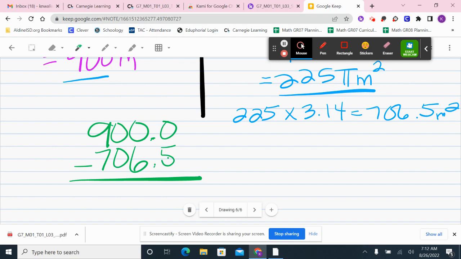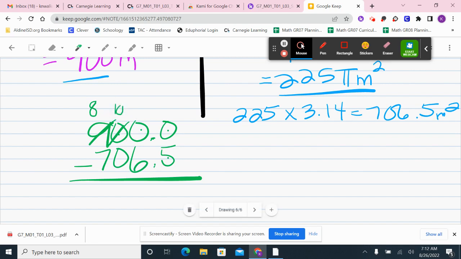Now we have to subtract. Now the subtraction I am going to show you, because I know sometimes it can be a little confusing. So we've got 0 minus 5. We can't do that, so we have to go to our neighbor. This 0, 0. We have to keep going to our next neighbor until we can find something to borrow from. So this is a 0, a 0, a 0. So I have to go all the way to this 9, and I'm going to borrow from this 9. So that becomes an 8. This person is the person that borrowed. They now have 10.